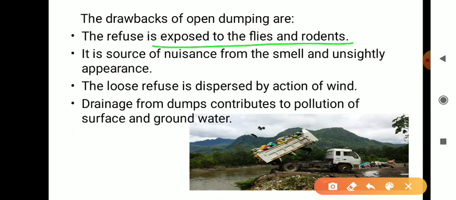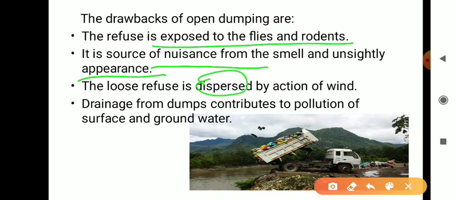And it gives a nuisance from the smell and unsightly appearance, and loose refuse is dispersed by the action of wind, meaning when waste is discarded in the open, it gets dispersed by the wind.